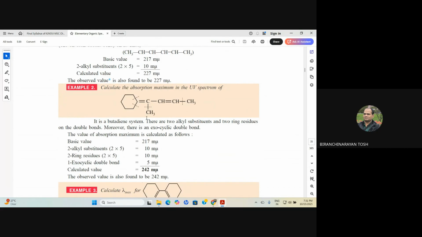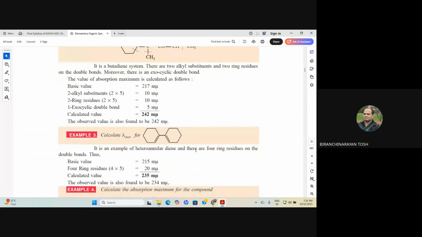Moreover, there is an exocyclic double bond. So the basic value for butadiene system is 217, 2 alkyl substituents, 2 into 5, 10, 2 ring residues, 2 into 5, 10, and 1 exocyclic double bond, so that is 5. So it is 242. Observed value also 242.